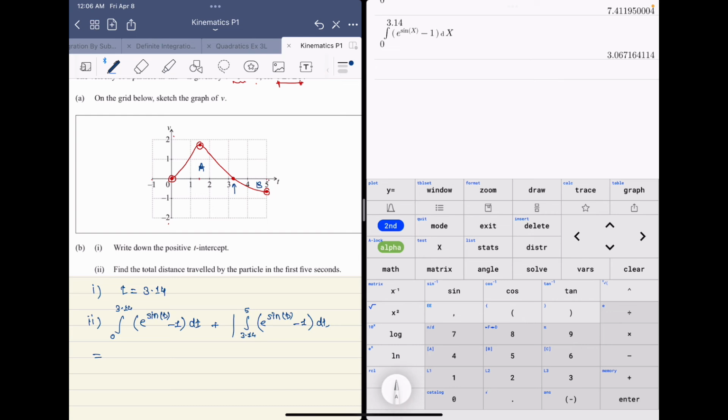You can see the answer is 3.06716. I'm not using the complete answer.